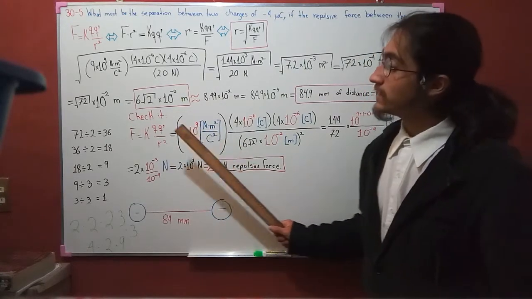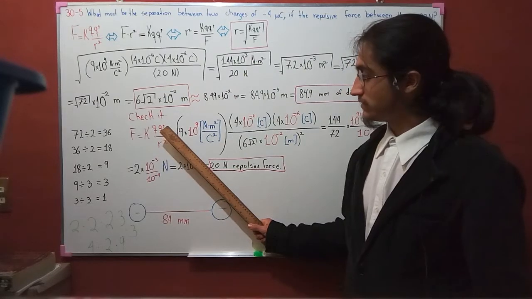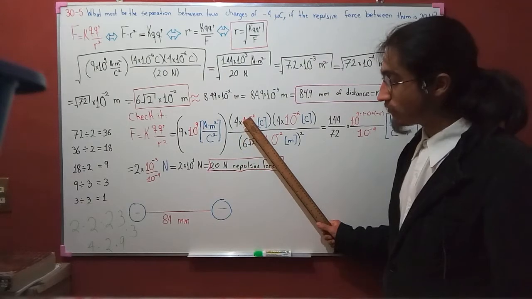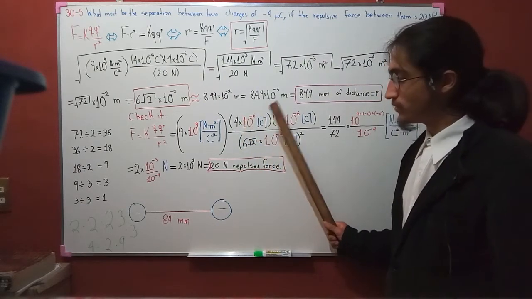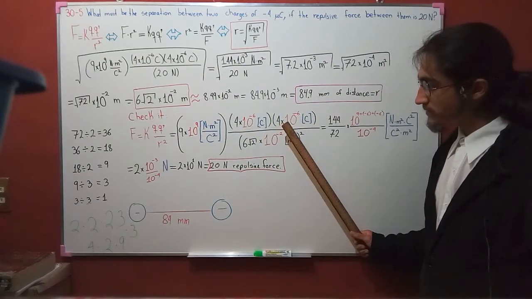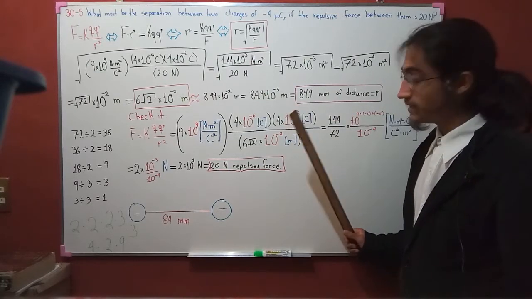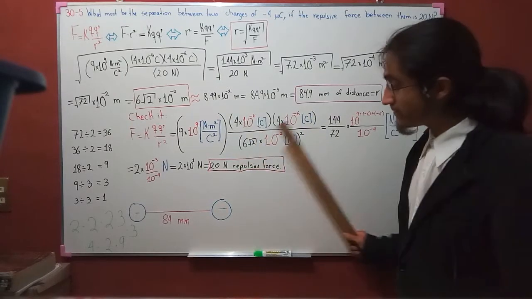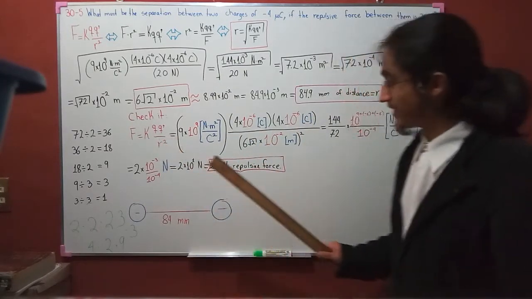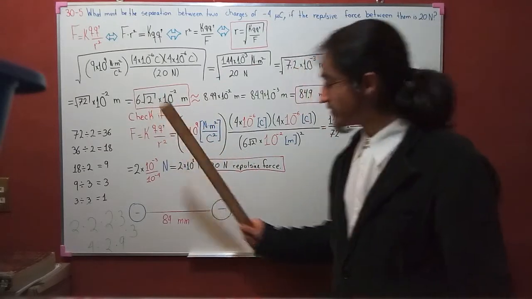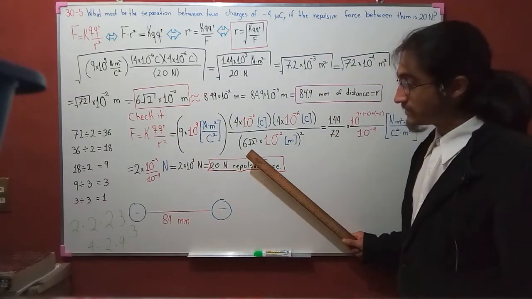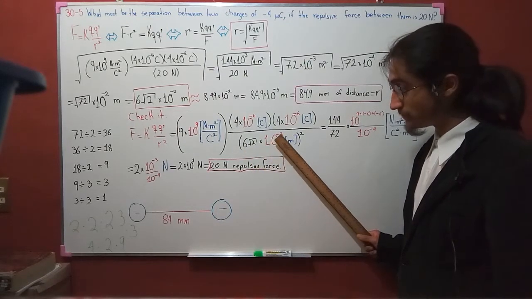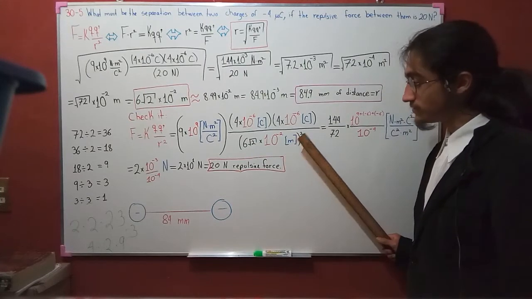Now the electrical charges have these magnitudes, 4 times 10 raised to the power of negative 6 Coulomb multiplying 4 times 10 raised to the power of negative 6 Coulomb divided by the distance, and this distance is this one, 6 times the square root of 2 multiplying 10 raised to the power of negative 2 meter squared.